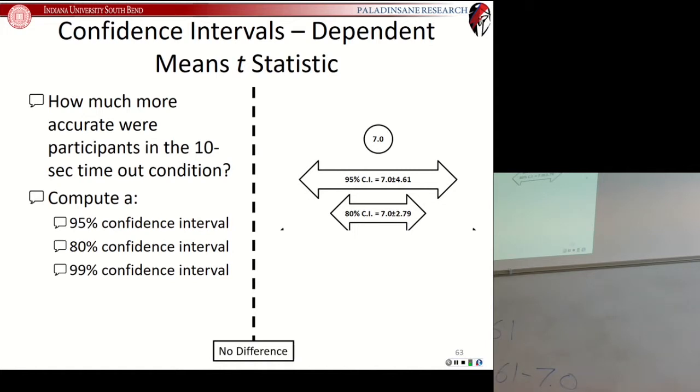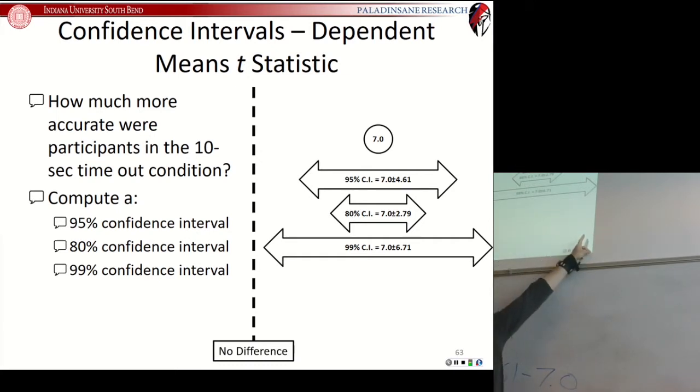And you can say, all right, there's your 99% confidence interval. I am 99% sure that you're going to expect accuracy gains of 7%, maybe all the way up to 13.71%, maybe that high, but at least it's going to be a 0.29% increase.